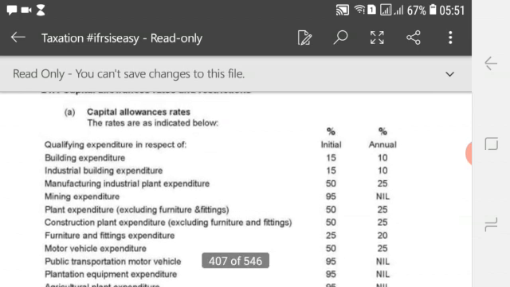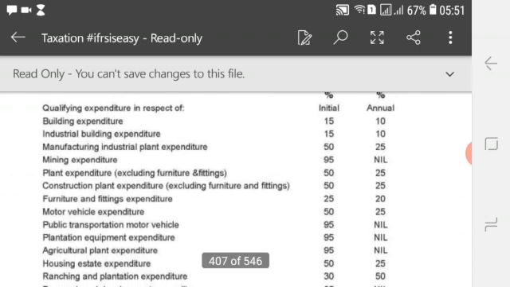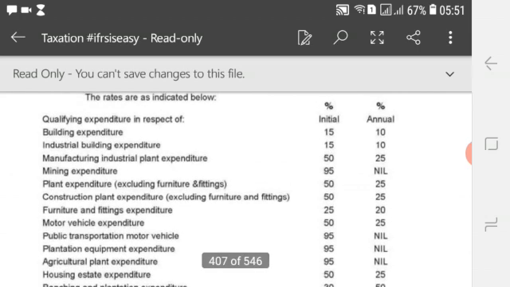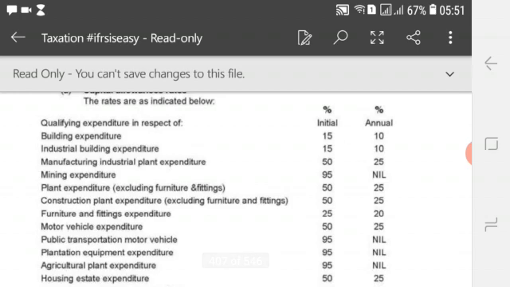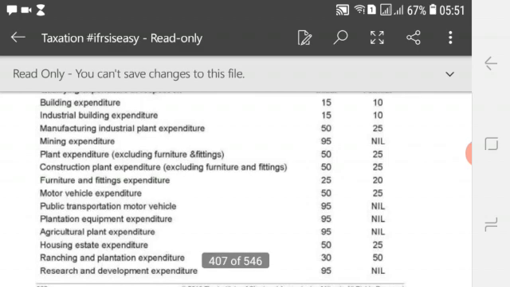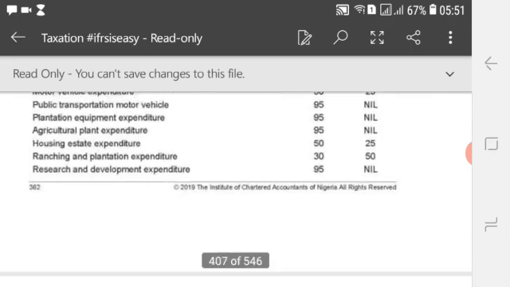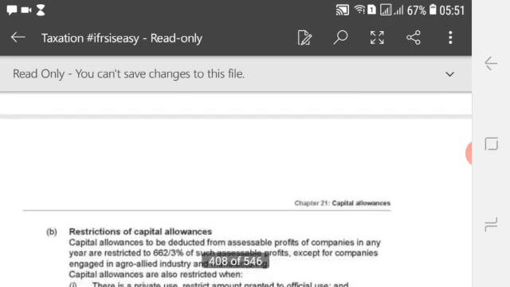And the building expenditure will have 15% for initial, while 10% is for annual. You see, we have industrial building expenditure, industrial plant expenditure, mining expenditure, down to research and development expenditure.